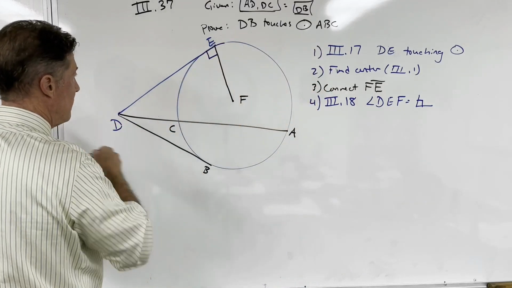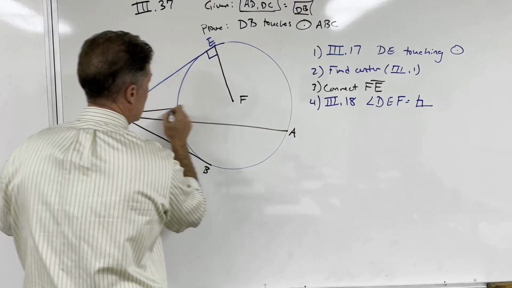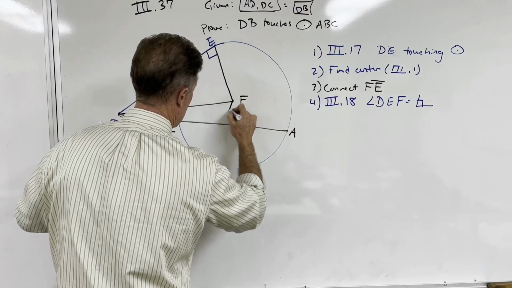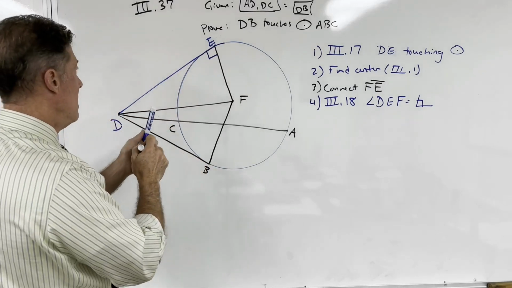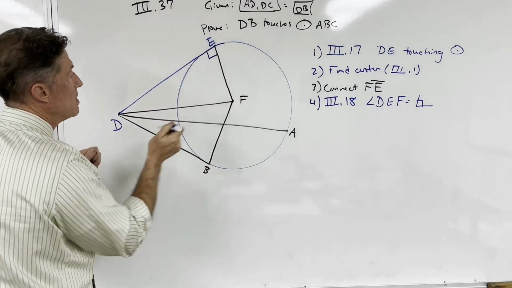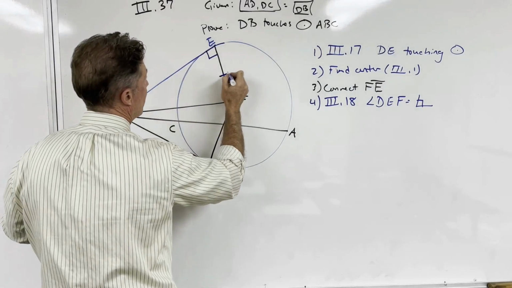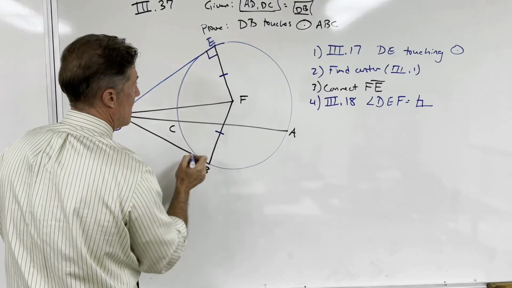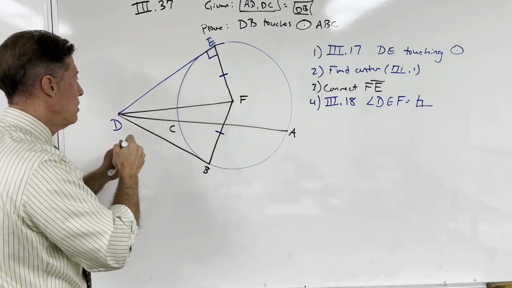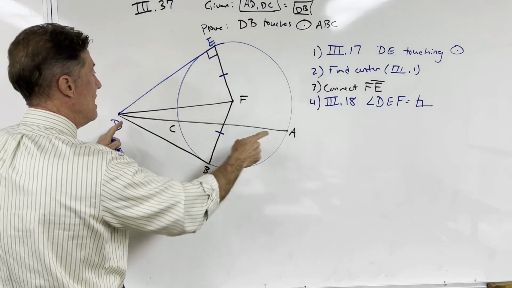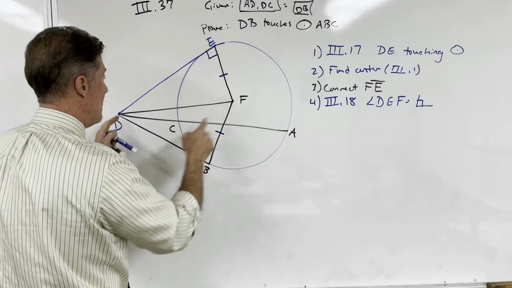So now let's connect a few more things. Let's connect DF and FB. Now, some things we can note is that EF and FB are radii of the same circle, so they're going to be equal. But what we want to look at here is DCA.